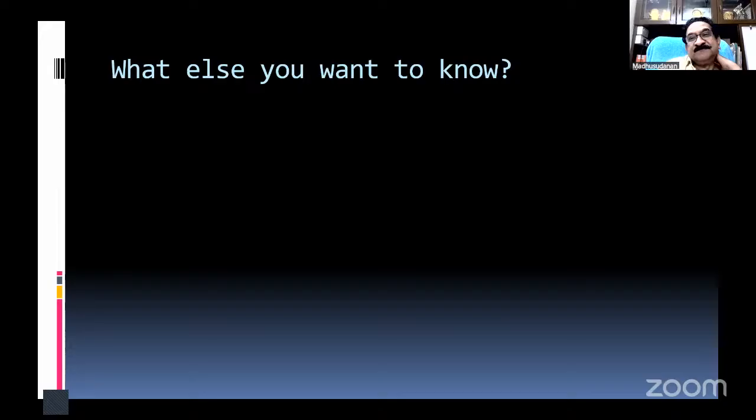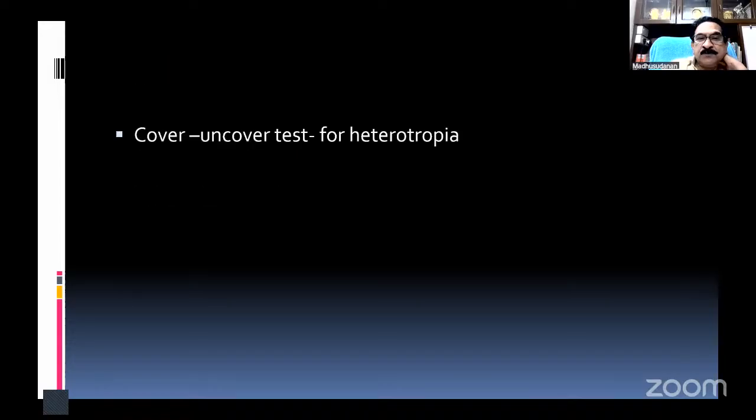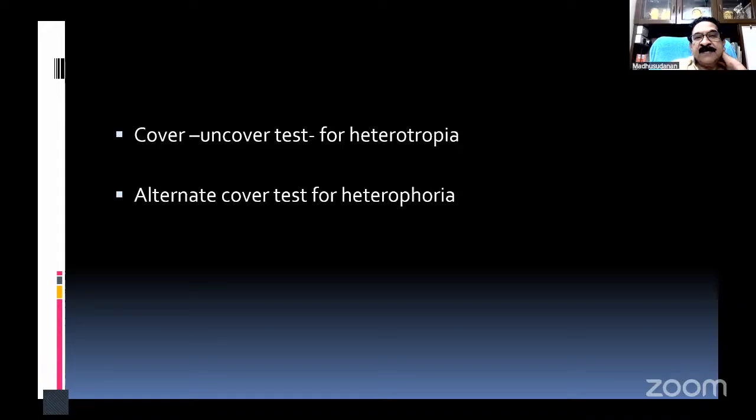At the bedside, the cover-uncover test and the alternate cover test. Is it exotropia or exophoria? Tropia means manifest squint, and phoria means latent squint. You can do the cover-uncover test for heterotropia, and the alternate cover test for heterophoria.